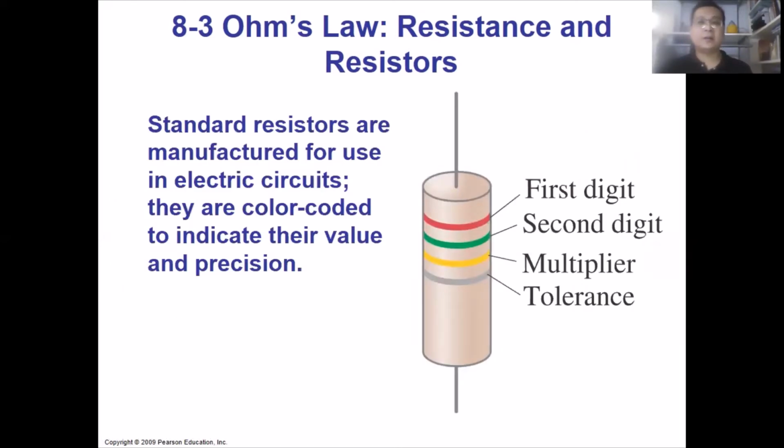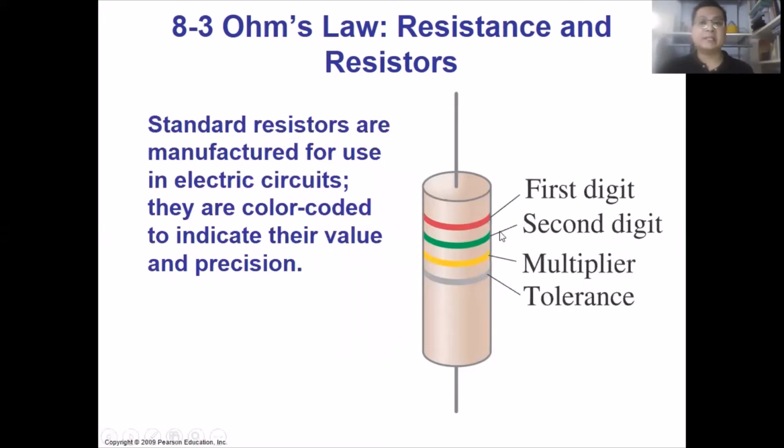Okay, now we learn how to understand resistance and resistor color code. Understand that resistors are manufactured for use in electric circuits. They are color coded to indicate their value and precision. So every resistor gives the reading of the performance of the device. The first color gives the first digit, the number of the resistor performance.